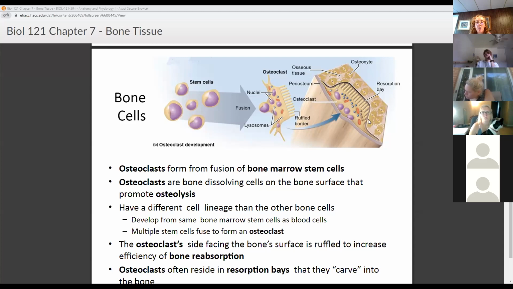And the main purpose of that ruffled border is to give more surface area to the cell and allow for more function, more abilities to interact with the bone. So just like microvilli are in the small intestines to increase the surface area, this ruffled border is to increase the surface area.